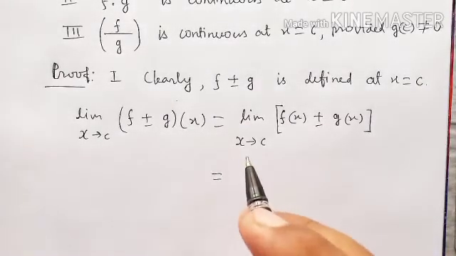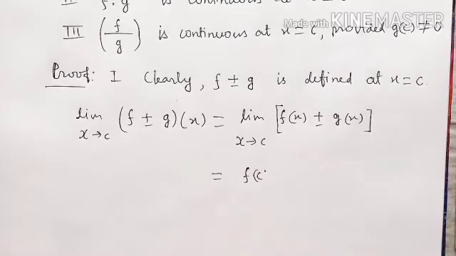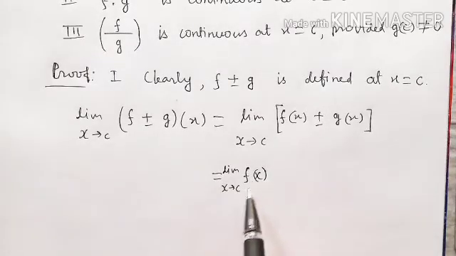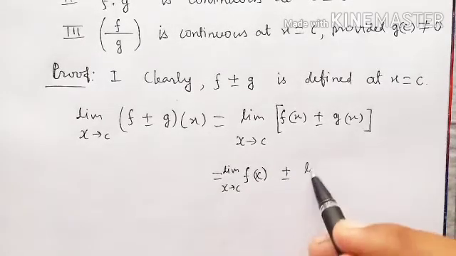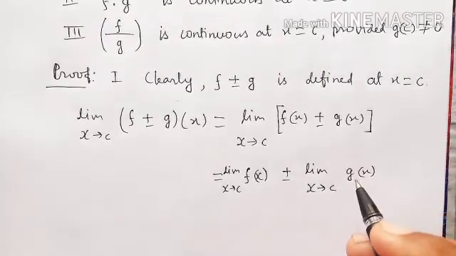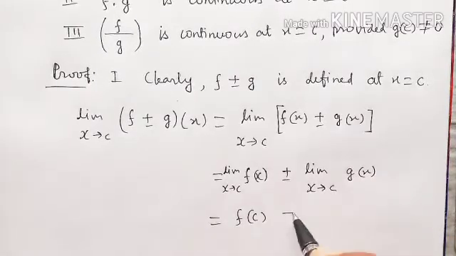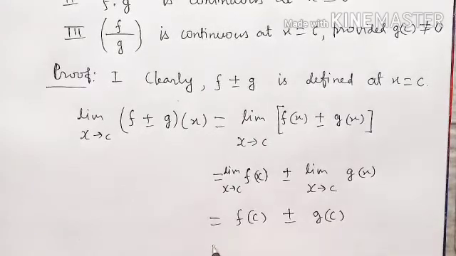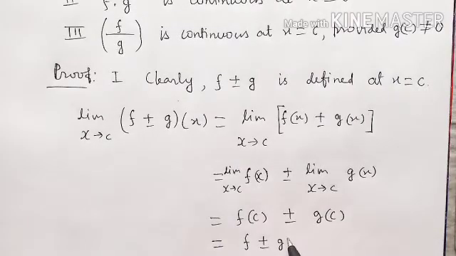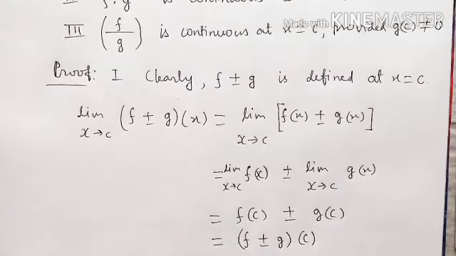From here we can write limit x tends to c of f(x) plus minus limit x tends to c of g(x) by the theorems on limits. From here we can write f(c) plus minus g(c). From here we can write (f plus minus g)(c) by the definition of f plus minus g.